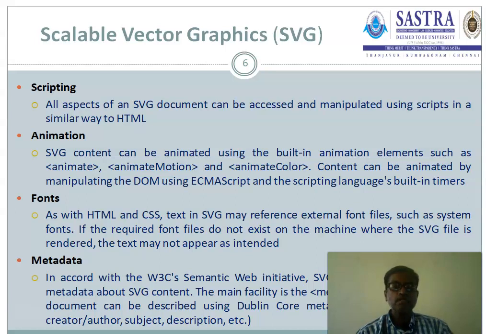Next one, fonts. The SVG specification provides font support. It means that when we are displaying the content, we are able to display it in any font. That can also be changed based on events. When we move the cursor towards a particular text, the text appears in embossed format, shrunk format, or expanded format.